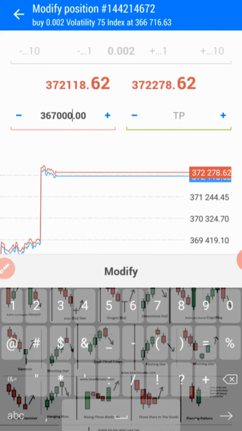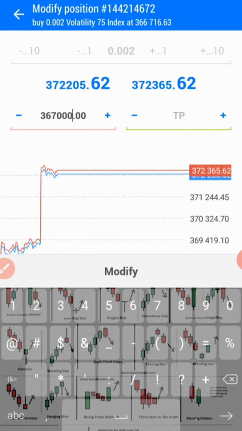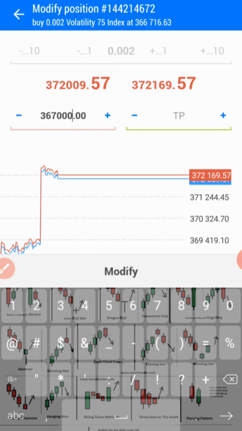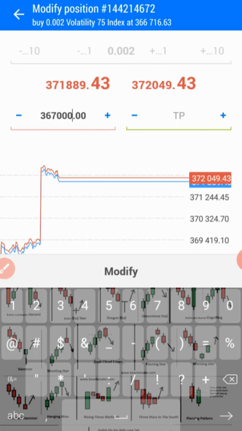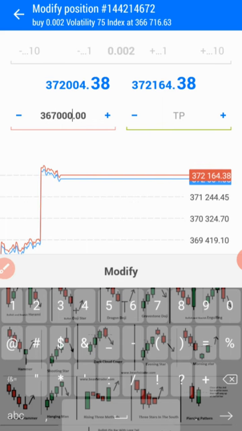That's what they call trade stop. You put your stop loss above your entry period, so that if price wants to come against you, you will still be in profit, but it's going to be a little profit based on where you put your stop loss.